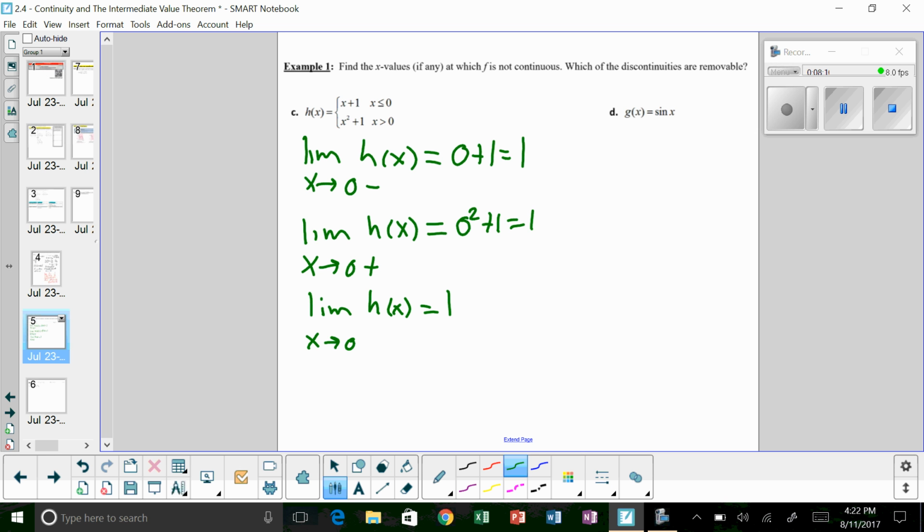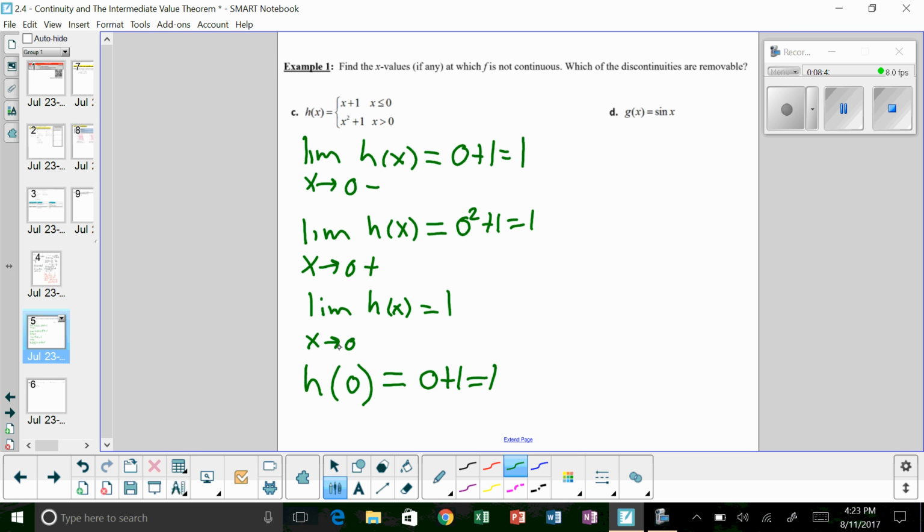Now, the limit exists, but is the function continuous at x equals 0? Continuity says that the value of the limit must equal the value of the function. So we have to check and see, what does h of 0 equal? Well, in this case, we go back up here and we notice that we have equality in the first piece of the function. x is less than or equal to 0, so we use the equation x plus 1, in this case 0 plus 1, and see that h of 0 is 1.